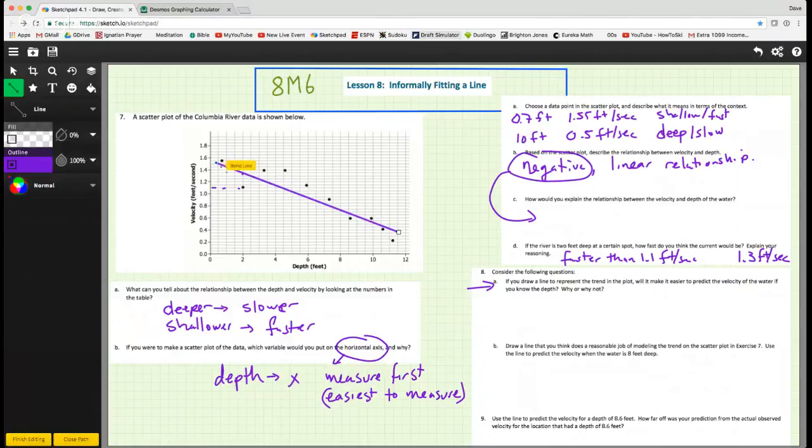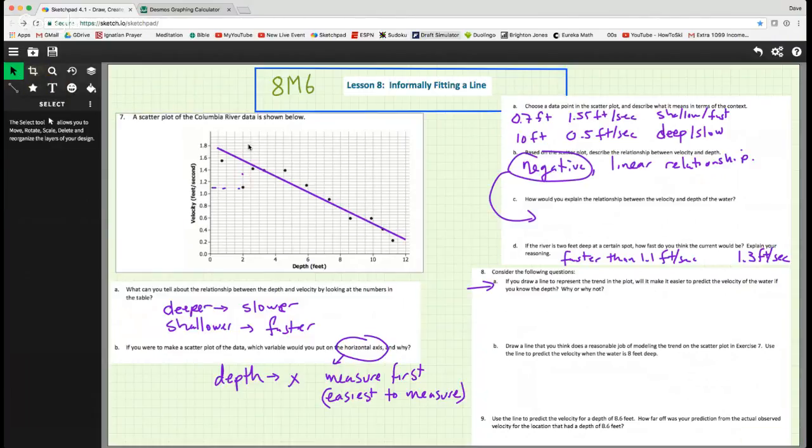Let's see here. No, I don't think that's a great guess either. I think it's going to be more like this. Let's do that.